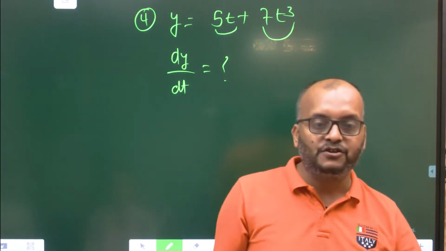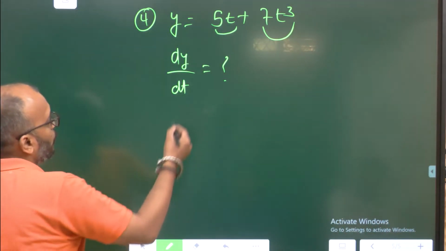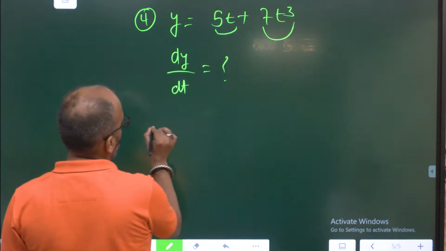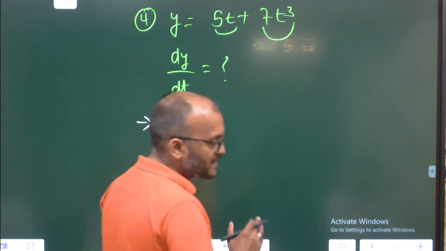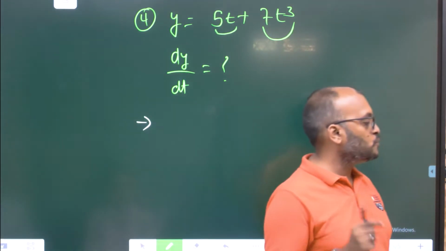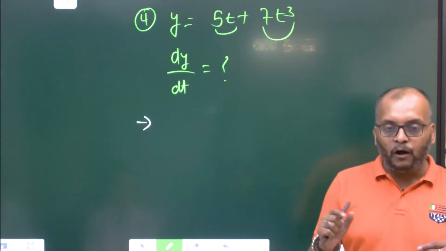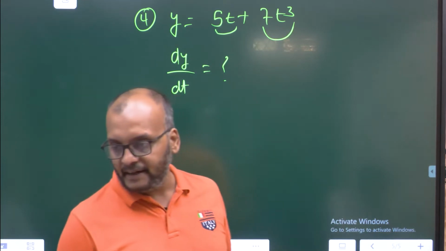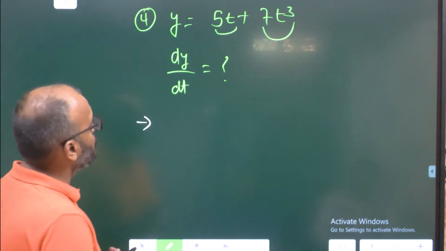So how to do such questions? No problem. Everyone, are you able to understand what the problem is? We know how to solve 5t, we know how to solve 7t cube, but now both of these things are getting added up and we haven't done anything like that. So now what to do?